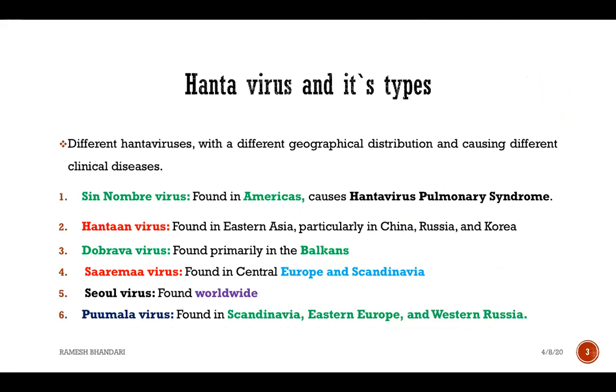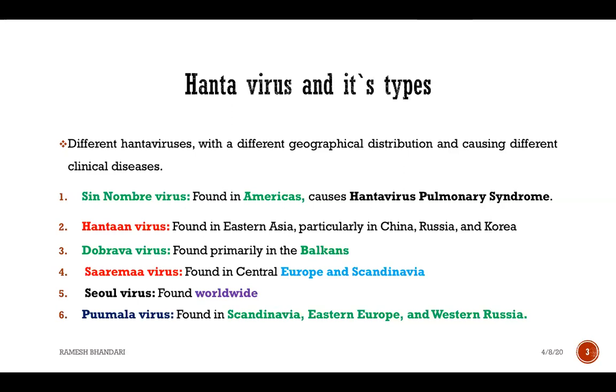The first strain is Sin Nombre virus, which is generally found in American countries and causes hantavirus pulmonary syndrome. The second strain is Hantaan virus, which is generally found in Eastern Asian countries, particularly in China, Russia, and Korea.